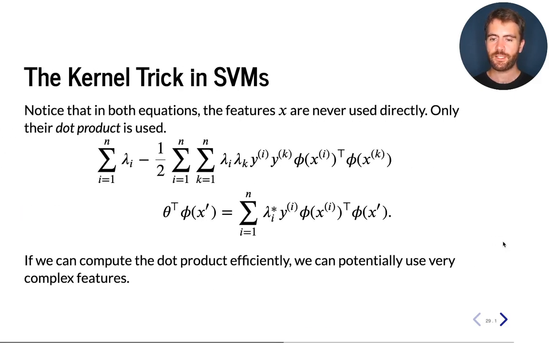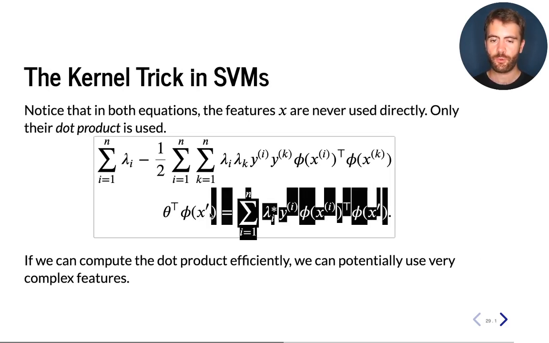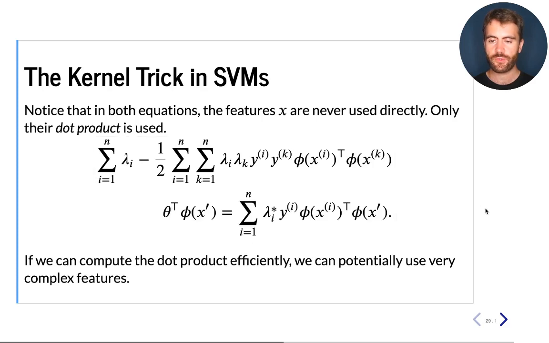So let's look again at these formulas. This is the formula for doing prediction that you saw earlier, and here at the top I have my optimization objective for the dual of the SVM, and both of these only involve dot products between features, but not the features themselves.